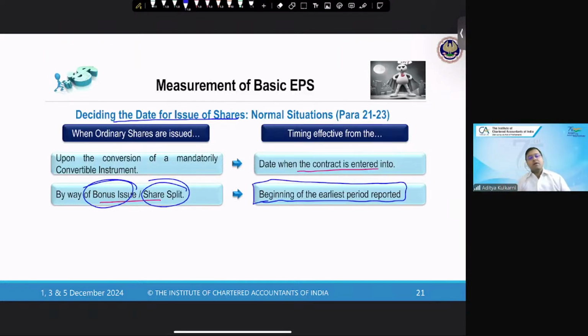Beginning of the earliest period reported. Earliest period reported is previous year ka first day.